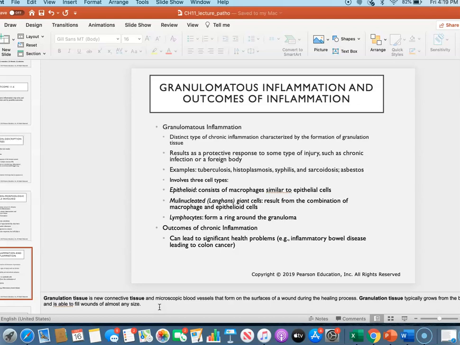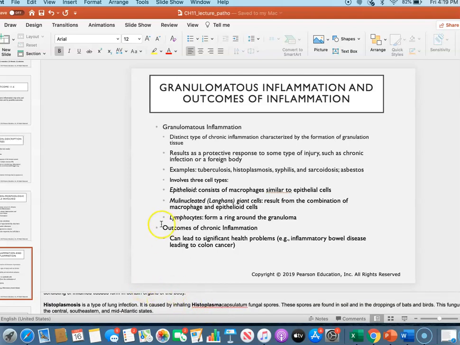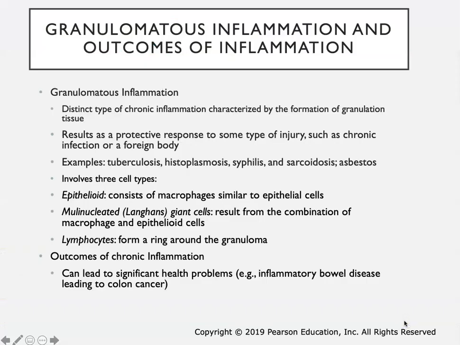And then just to clarify what sarcoidosis is, and also histoplasmosis. You can take a look at that, but it further defines some of those terms that are on this slide.